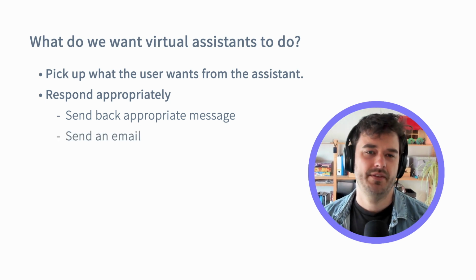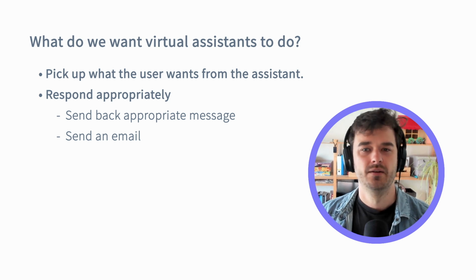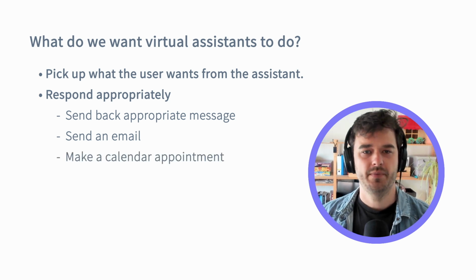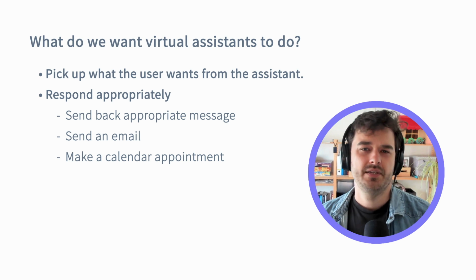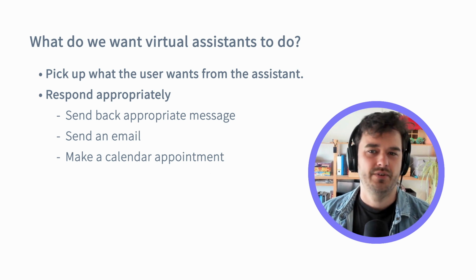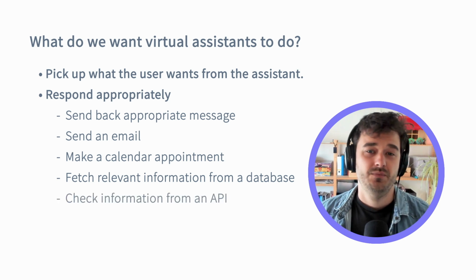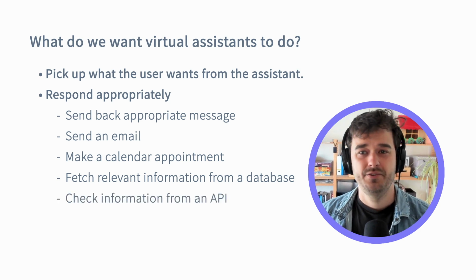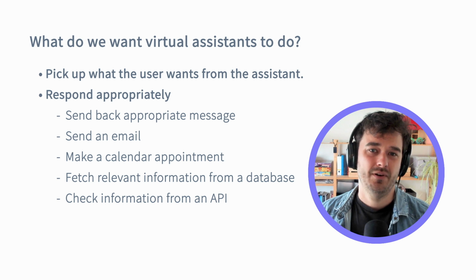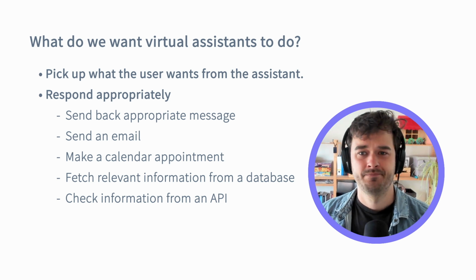For example, the assistant might need to send an email or make a calendar appointment on behalf of the user. That means that we might also need to fetch relevant information on behalf of the user, which in turn means that we probably will need to have a way to communicate with a database or a third-party API.